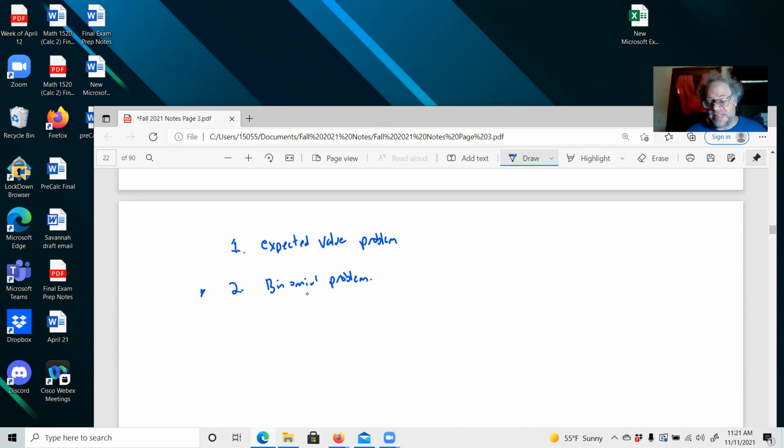They expected the calculator to be used. Since most of us are using that, I didn't feel like this was too much of a hardship. In years past, there's no way I would have asked this problem, but things have changed. And then we have a normal distribution problem, and another normal distribution problem.